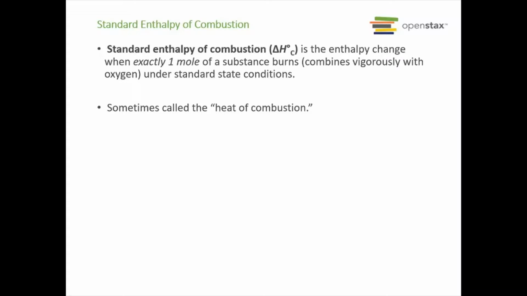Now we also have the standard enthalpy of combustion. So you've got the O for your standard and then the subscript of C. This is the enthalpy change when exactly 1 mole of a substance burns, so it's being reacted with oxygen gas, O2, under standard state conditions. We often call this the heat of combustion.